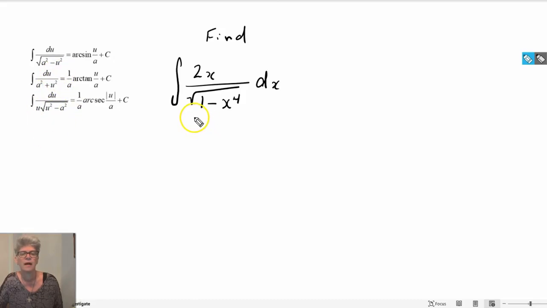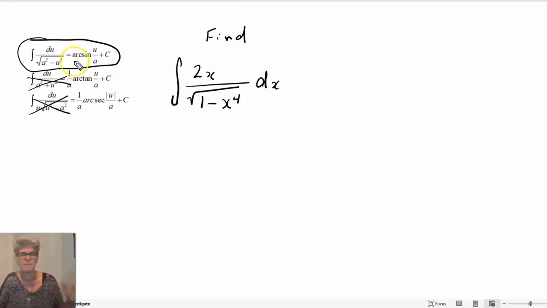And this, I think, is going to fit in with this one, because I have a square root, so this one here doesn't have a square root involved, and there's no term out the front of this square root like there is there. So I'm going to try and make this match that form. It doesn't exactly, so I'm going to have to use a bit of substitution.